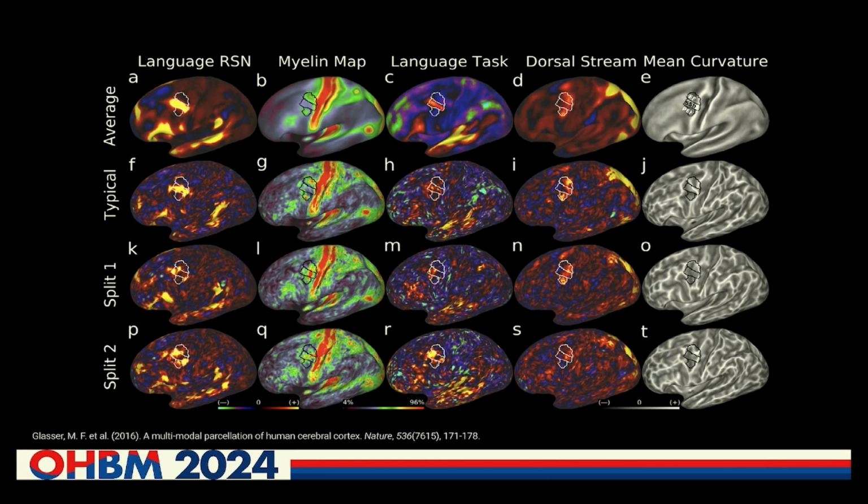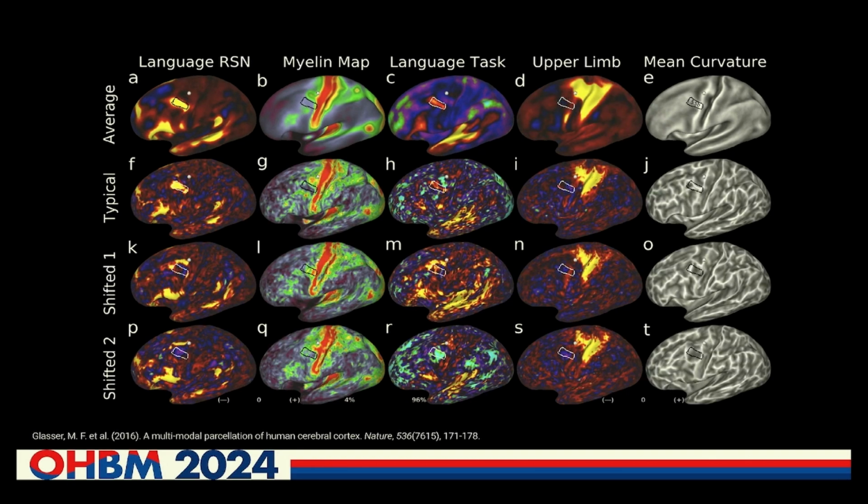And image registration, being diffeomorphic, we're not allowed to break it and reattach all the vertices together. There is no way that image registration, no matter how good it is, will capture that split topography. And again, in another subset of subjects, area 55B was pushed upwards, so we call it shifted.